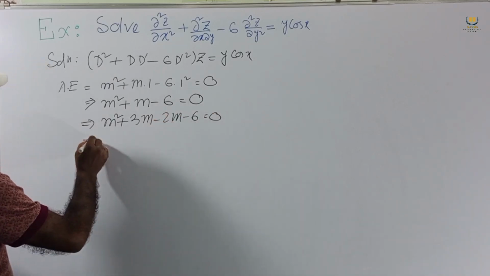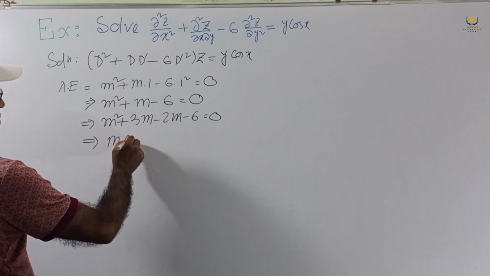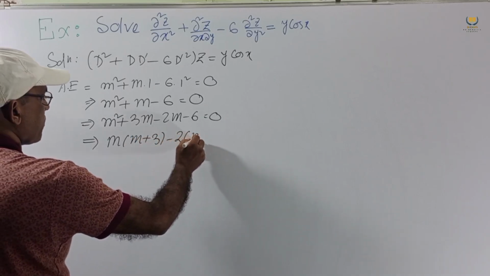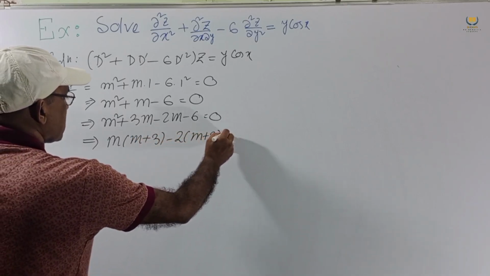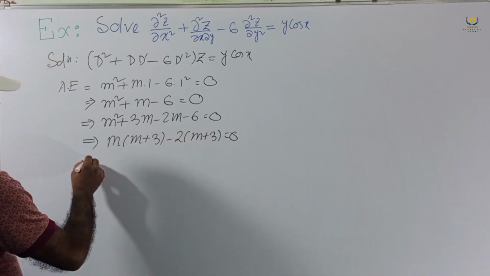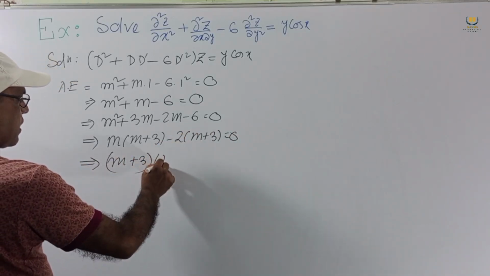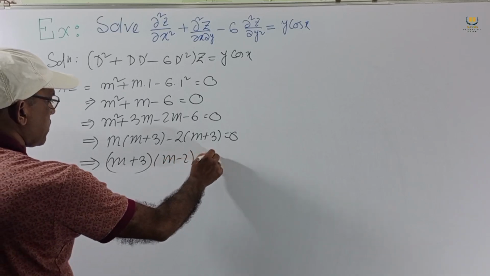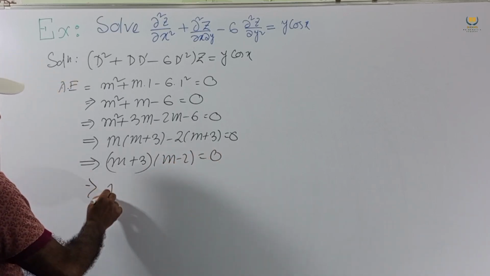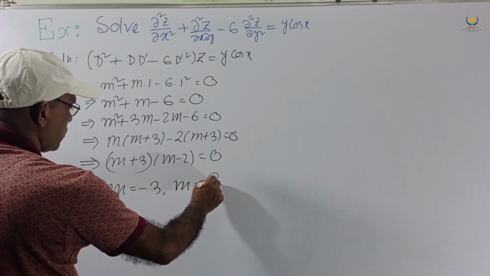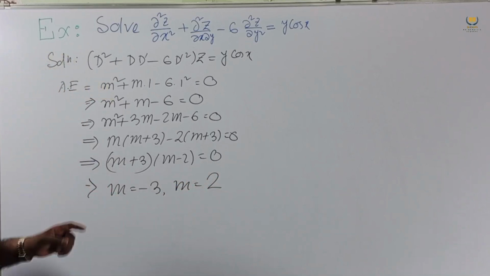We factorize this. m common, m plus 3, minus 2 common, m plus 3 equal to 0, so m plus 3, m minus 2 equal to 0. So m equal to minus 3, m equal to 2 we get.